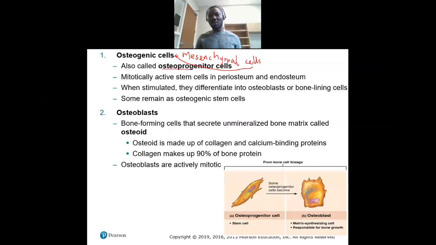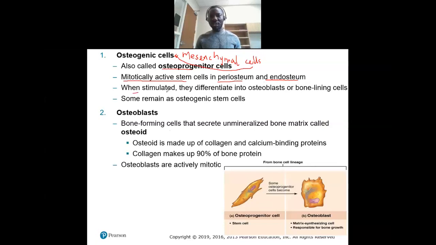Now, these osteoprogenitor cells are mitotically active stem cells. They are located in the periosteum and the endosteum. You remember the periosteum simply means the outer layer of the bone, and endosteum is the inward layer, right?